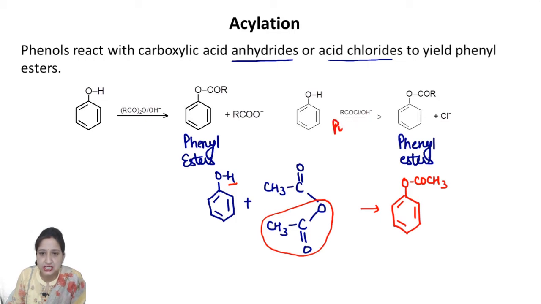So this reaction basically takes place in the presence of pyridine because this reaction is reversible in nature, and the purpose of adding pyridine is to remove HCl formed, so the reaction can take place to the right extent.